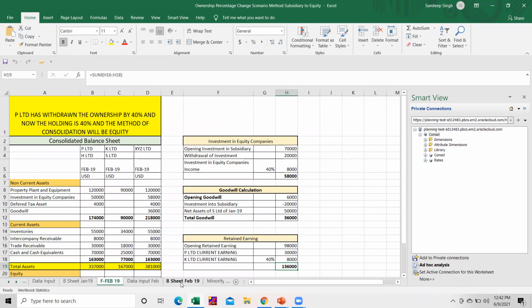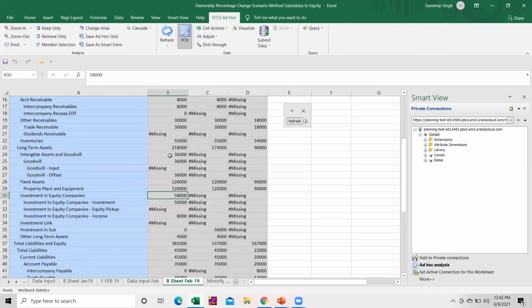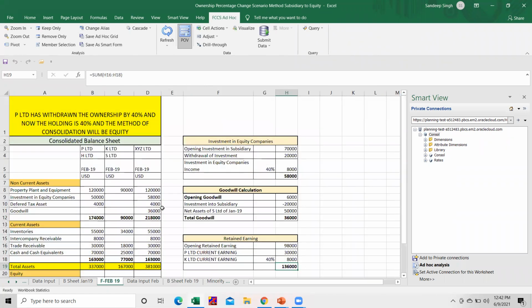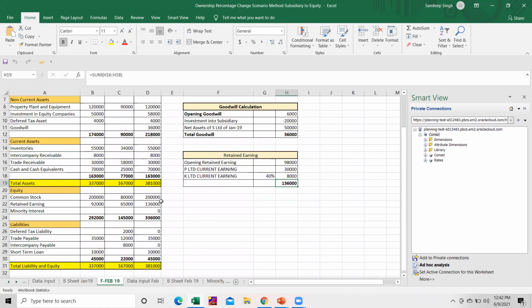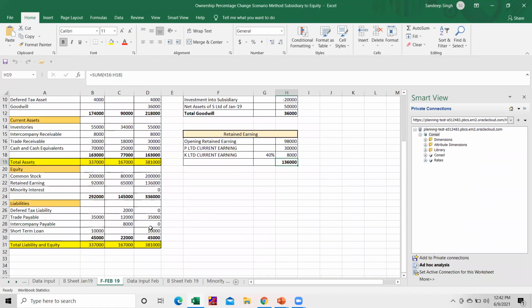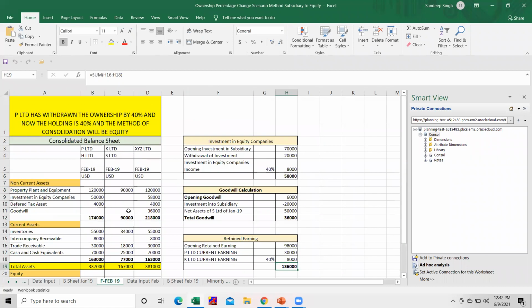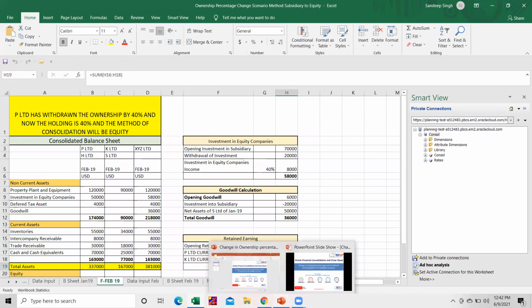Let's check the number of goodwill. On goodwill, you are getting 36,000. It is the same number we calculated from the functional point of view. So you can see that all the numbers are coming perfectly fine.